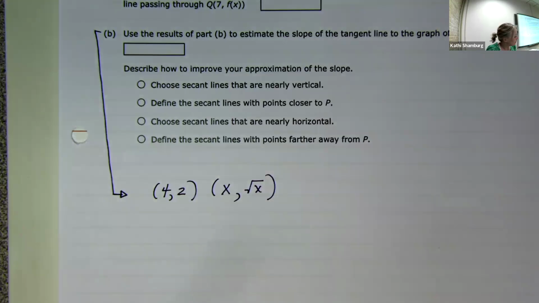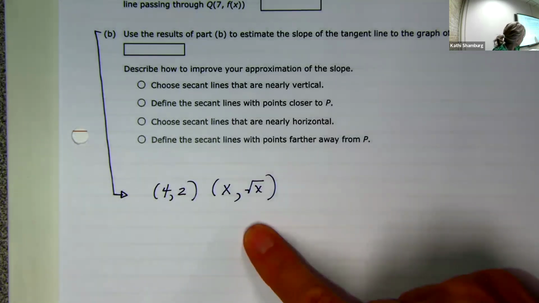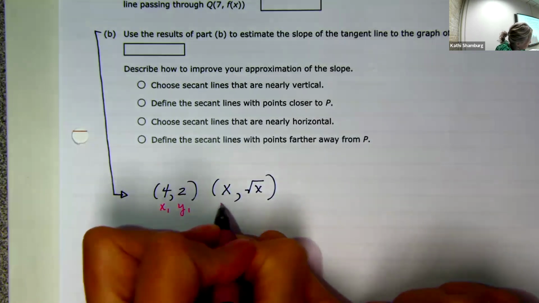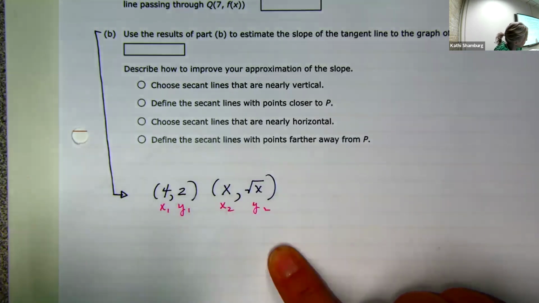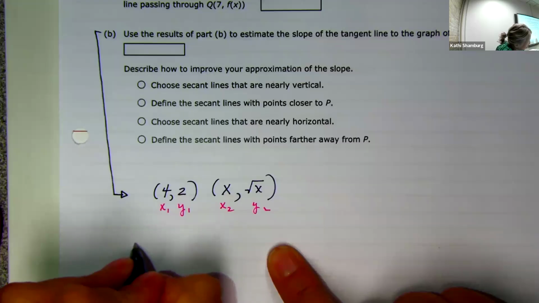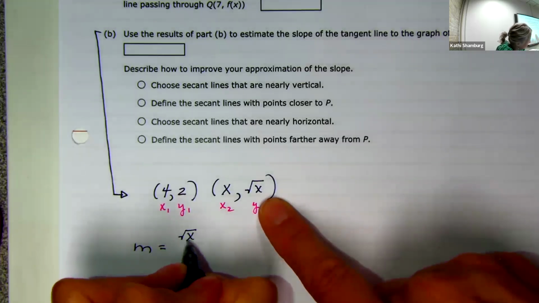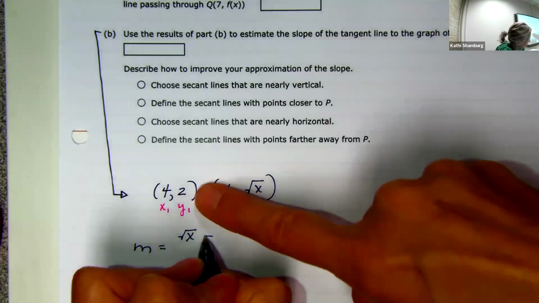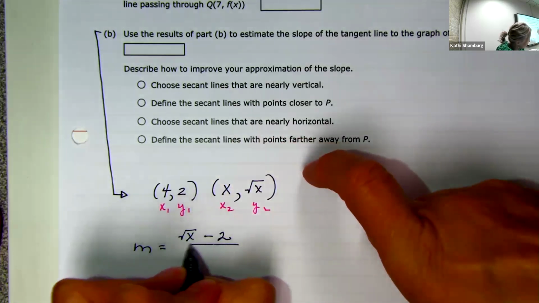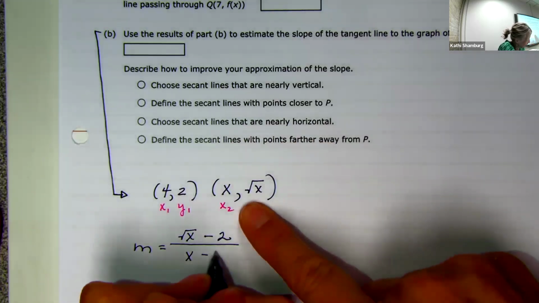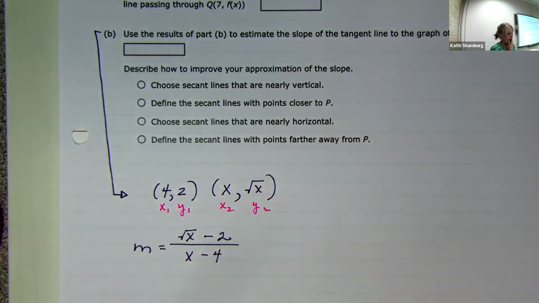All right, so here's what I'm going to do. If I wanted to find the slope of this, this is your x1, y1, this is your x2, y2. So my slope would be y2, which is the square root of x, minus y1, which is 2, all over x minus 4. Okay?